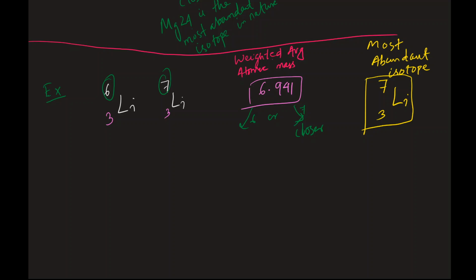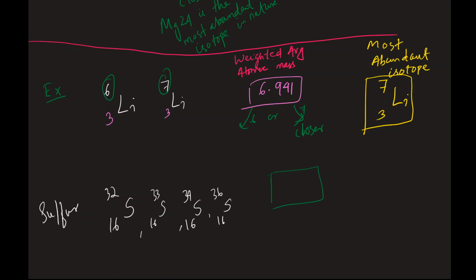Okay, let's do another one. See if you can find out. Sulfur exists in four different types of isotopes. The sulfur atomic number is 16, so it's S32, S33, S34, and S36. Look at the atomic number, it never changes. The average atomic mass that you'll find in the periodic table is 32.07.